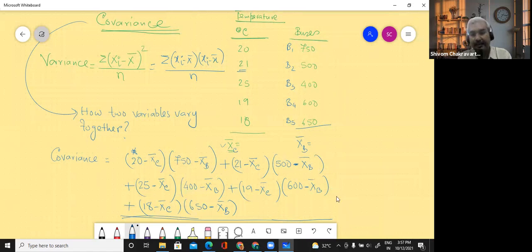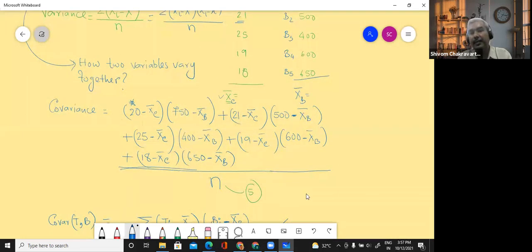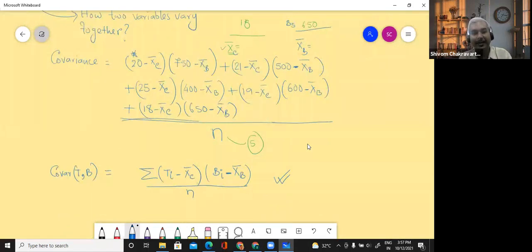Then just taking the product of those differences does not give us a fair picture of the strength of their relationship. The strength of the relationship is not clear from covariance, and covariance can be anything. We cannot compare two covariances. All it does is tell us whether the given two variables are varying in the same direction or in the opposite direction. It doesn't give us the strength of that relationship.